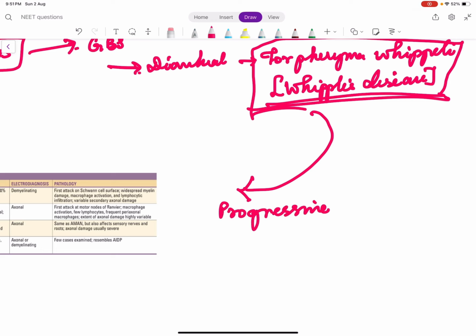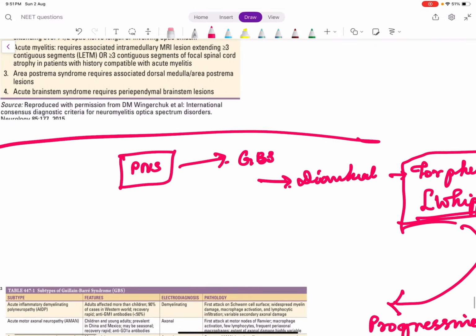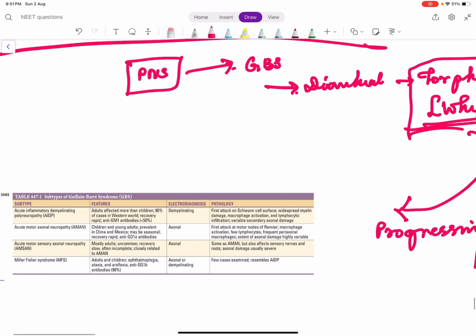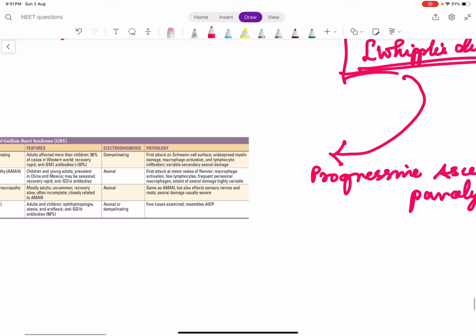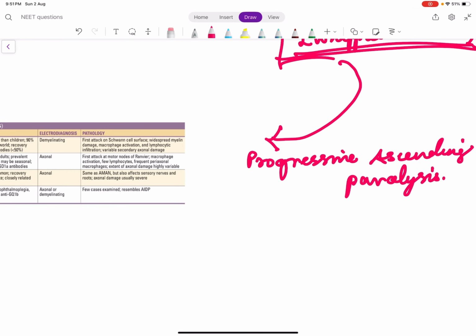progressive ascending paralysis. Progressive ascending paralysis. Remember, till now all the diseases which we discussed were about the cerebral diseases only. We had discussed injury, demyelination, neurodegenerative disease, and we discussed brainstem in the starting of the discussion itself. Now what we have come to is the peripheral nerve, right? So GBS is actually a peripheral nerve disorder.